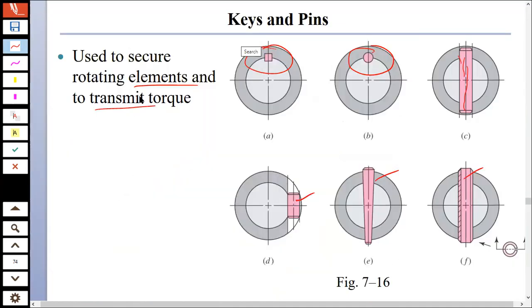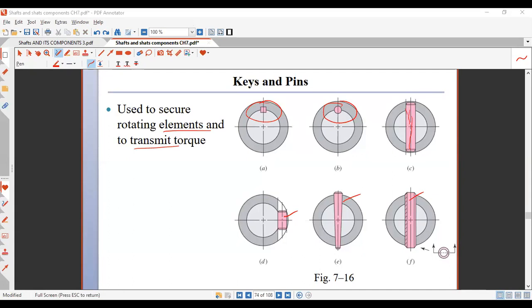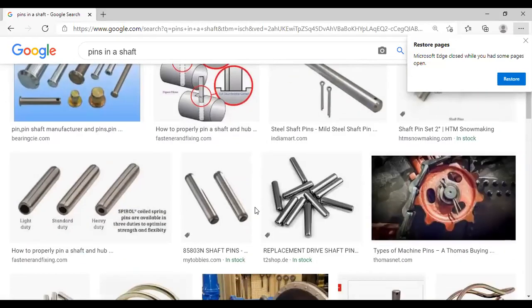Let me see if we can also look at pins. These are pins. Different pins.